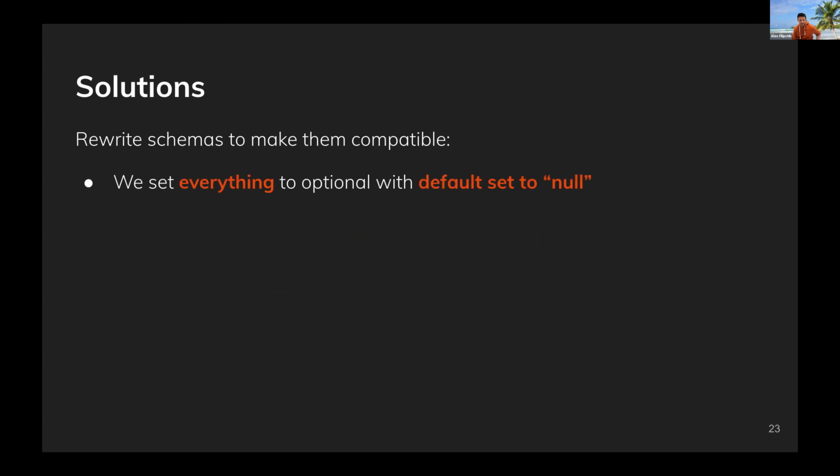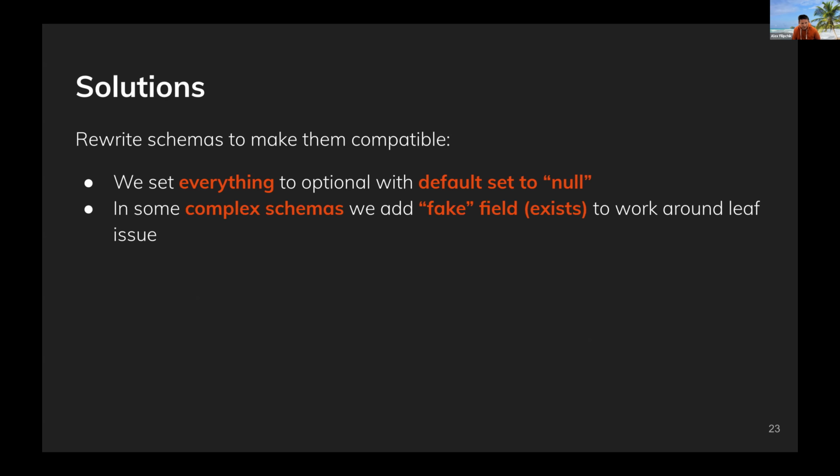So solutions, how did we do it? We rewrite the schema. We set everything to optional, default set to null. Even if upstream sends something else, we set all the fields optional, even if it's a complex hierarchical structure. For Parquet leaf nodes, we ingest leaf nodes, fake fields to support this use case for marker fields.